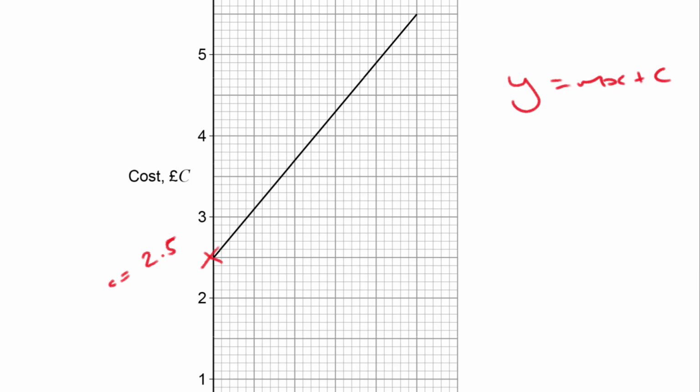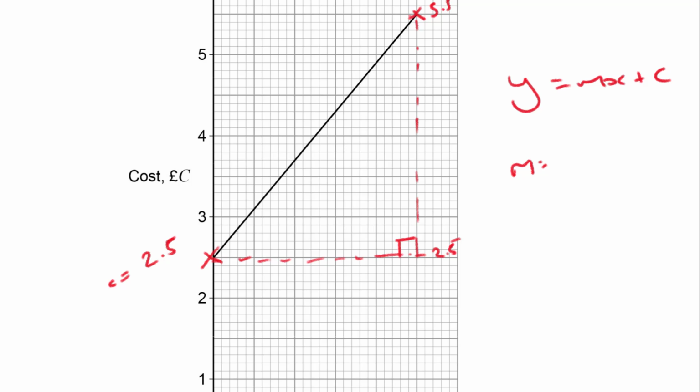And the gradient, we can find by picking 2 points on our line and drawing a little triangle between them, and then looking at change in y and change in x. m equals change in y divided by change in x. This is 5.5, isn't it? And down here is 2.5.